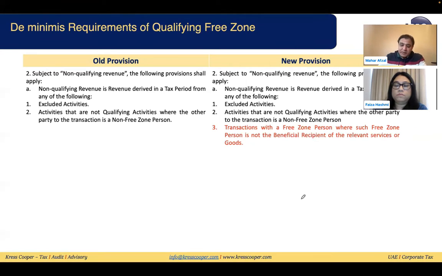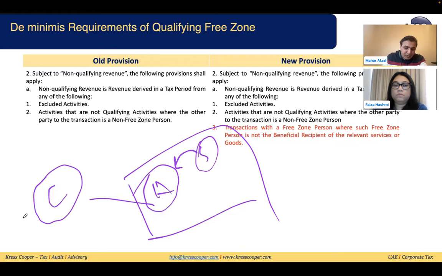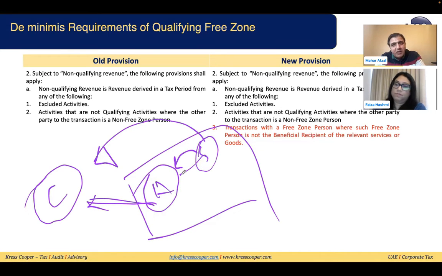Might be one party, this is the free zone, this is party A, the free zone person, supplier, qualifying free zone person. If the supplier is supplying any goods or services to A, and A is collecting on behalf of party C, which is out of the free zone, A is just collecting and passing on to C. At the end, this qualifying free zone person is selling it to C, right? Because A is buying or selling the goods on behalf of another party which is out of the free zone.